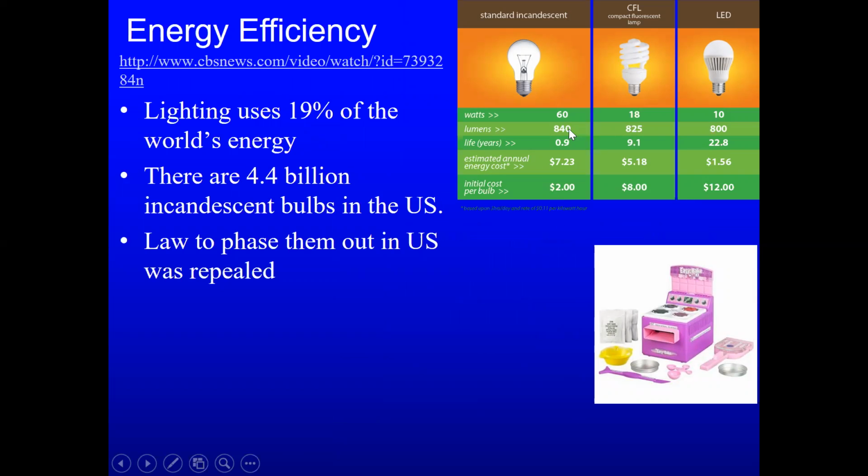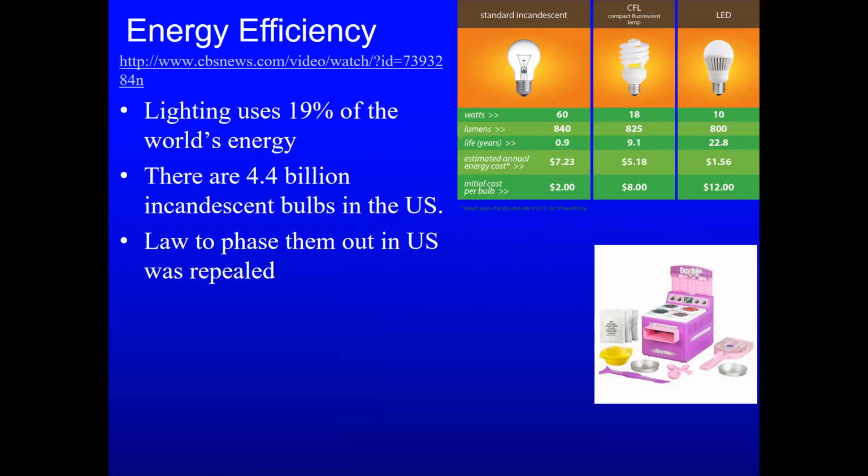So as you go upwards from, say, a 60-watt light bulb, you can get about 4 times more efficient with a fluorescent light, but you're actually 6 times more efficient if you go to LEDs. When I first moved into my house, I had a lot of overhead lighting with old incandescents. I've been replacing those with fluorescents, and now some of those fluorescents are starting to burn out, and I've been replacing them with LEDs.